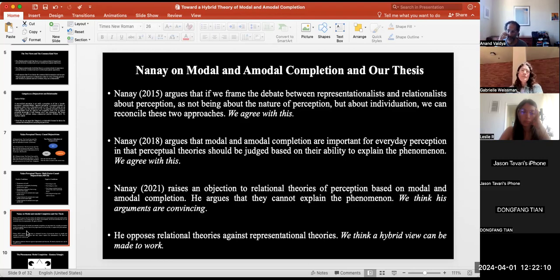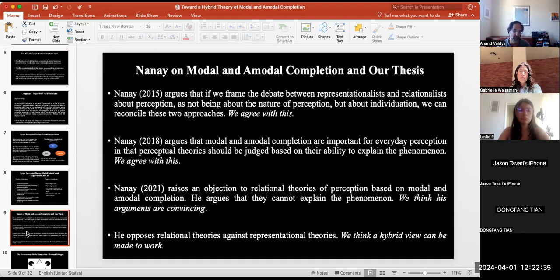We agree with Ben-Say that more attention and work needs to be done on how to explain this component of perceptual experience, and how it features in adjudicating whether representationalism, relationalism, or a hybrid view between them is correct.